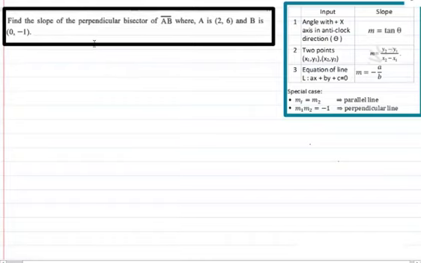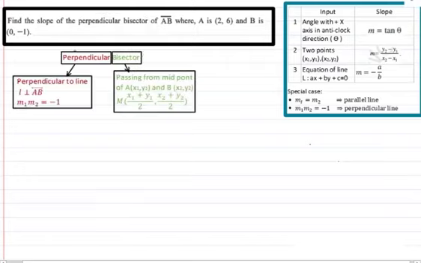In this question, we have to find the slope of the perpendicular bisector of AB, where A is (2, 6) and B is (0, -1). First of all, let me remind you what a perpendicular bisector is. A perpendicular bisector is a line which is perpendicular to line AB and passing through the midpoint.